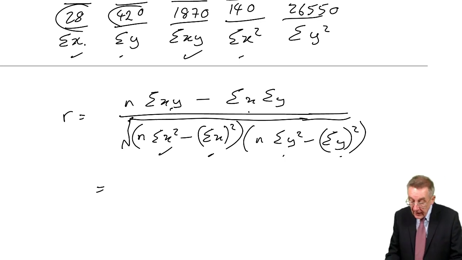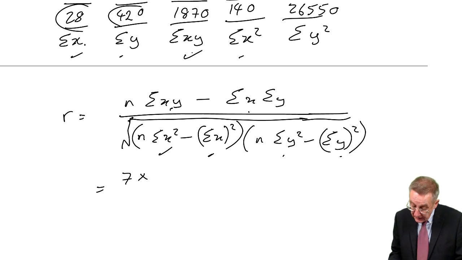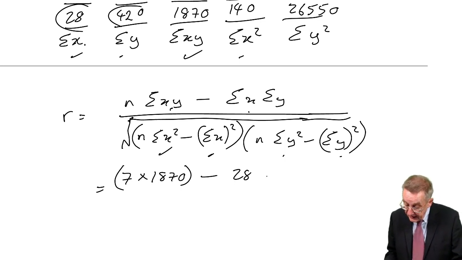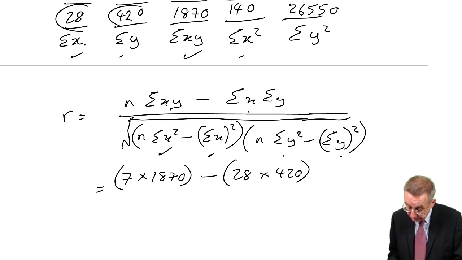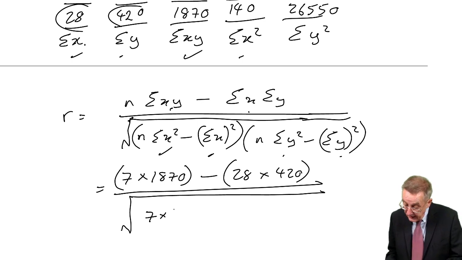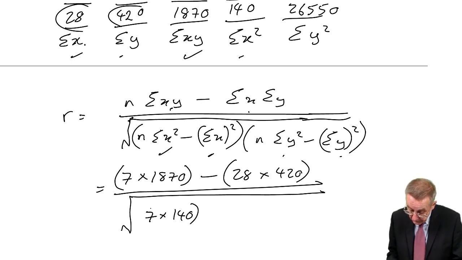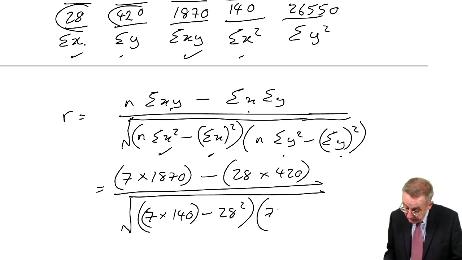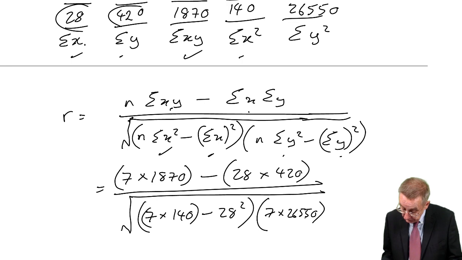Hopefully nobody will get lost. n is 7, sigma xy 1870, minus sigma x 28 times sigma y 420, divided by the square root of n 7, sigma x squared 140, minus sigma x all squared, 28 squared, times n 7, sigma y squared, minus sigma y all squared.